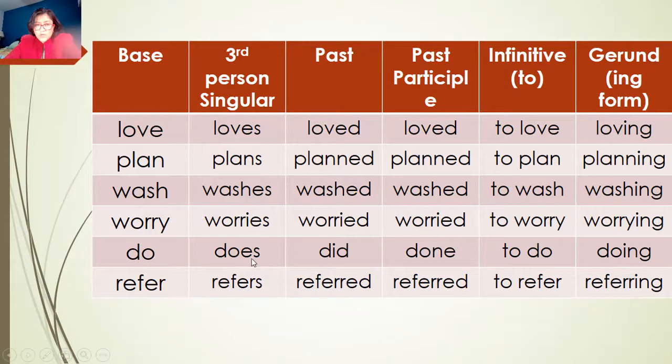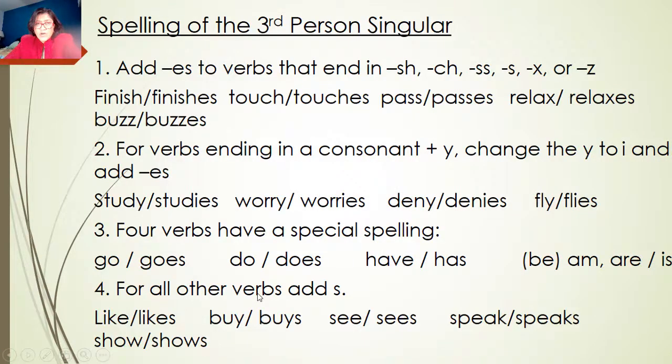Loves, plans, washes, worries, does, refers. Okay. If we have an SH, CH, double S, S, X, or Z, we add ES, okay? Finish, finishes. Touch, touches. Pass, passes. Relax, relaxes. Bus, buses.